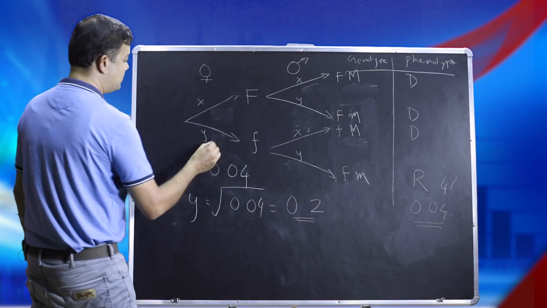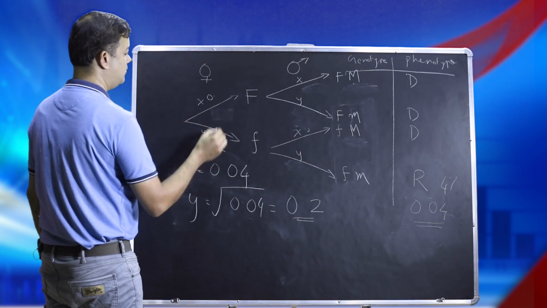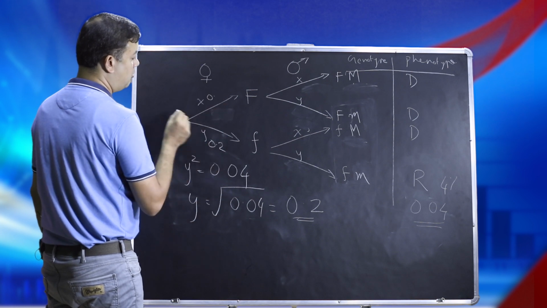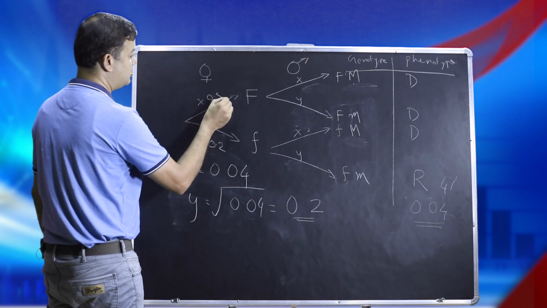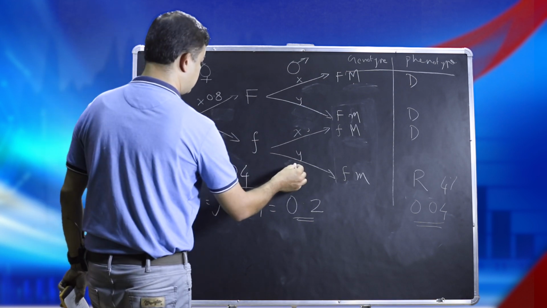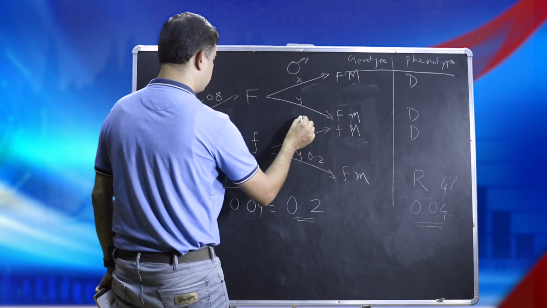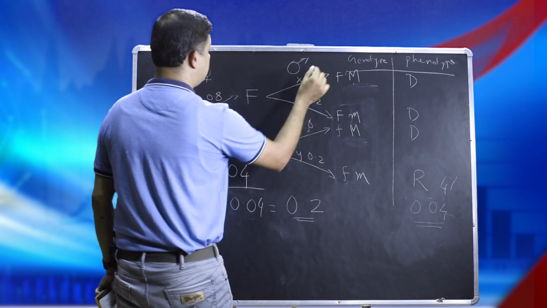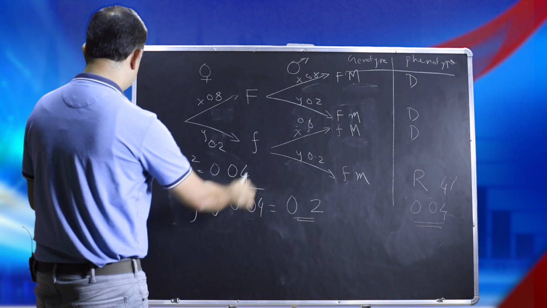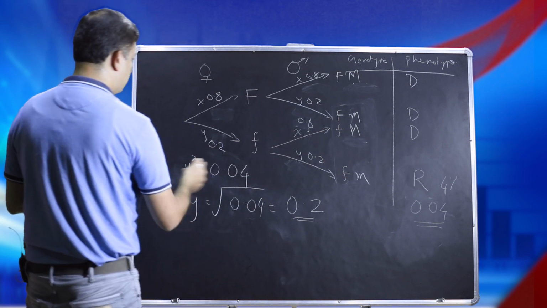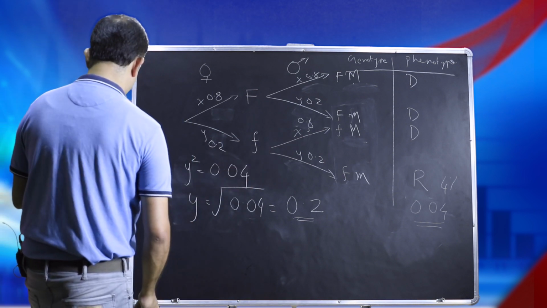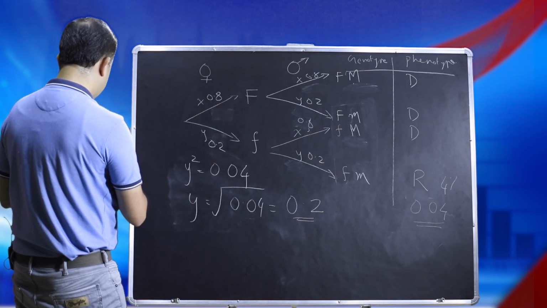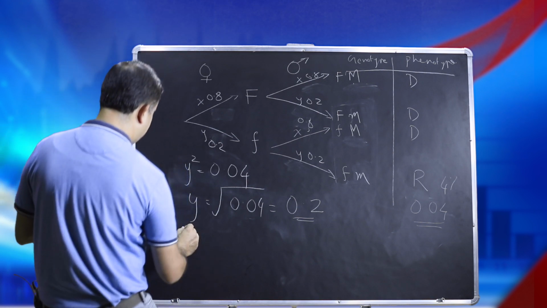We know that x plus y is always 1, the frequencies. So 1 minus 0.2 is 0.8, right? So y is 0.2 and x is 0.8. That way you can calculate the rest of the probabilities, or you can also use the equation. It is very simple. x is equal to 0.8, we know y is equal to 0.2. Now what we have to calculate is the 2xy.